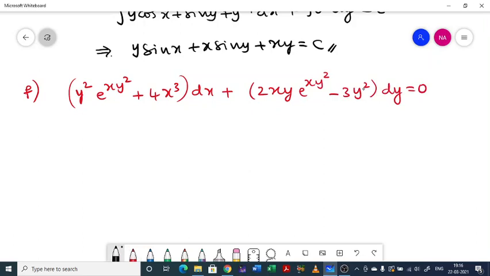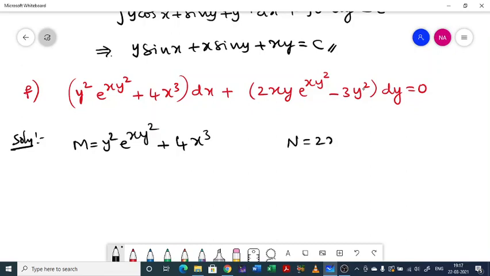Solution. So here M is y squared e power xy squared plus 4x cubed, and N is 2xy e power xy squared minus 3y squared.